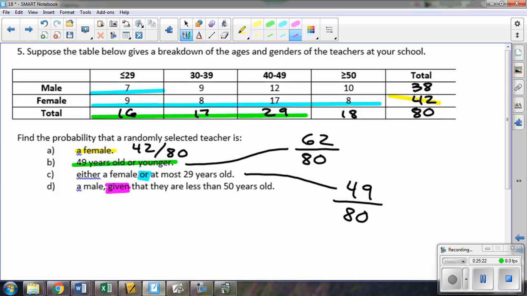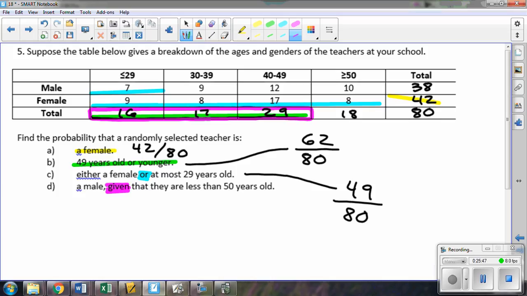So in this instance, we are looking at this combined group. Like we saw in question B, if we want the group of people who are 49 or younger, same way of saying the group of people who are less than 50, we're looking only at this group.